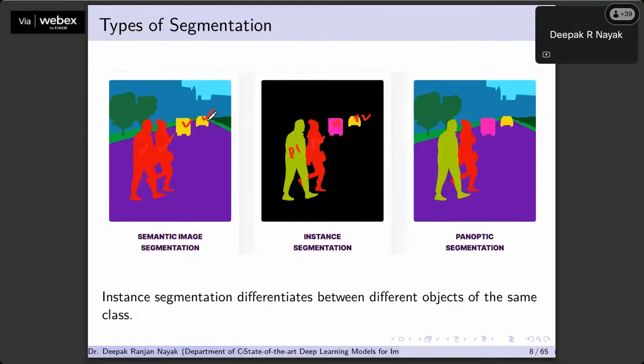In semantic segmentation, you simply consider all the vehicles as one category, the vehicle category, and you also assign a semantic category to all the pixels present in the image, but we are not interested in that. Now you can see panoptic segmentation, which is the combination of semantic segmentation and instance segmentation. I hope the difference between instance segmentation and semantic segmentation is clear.